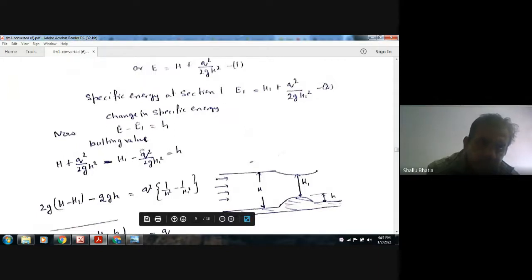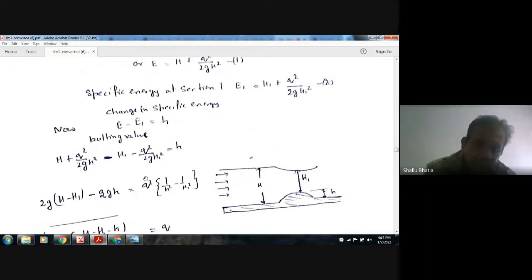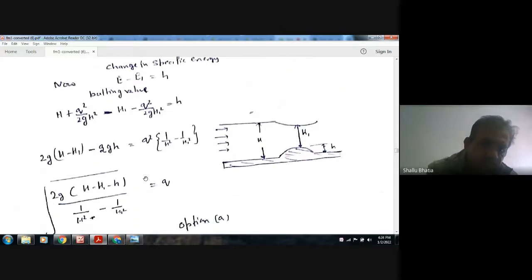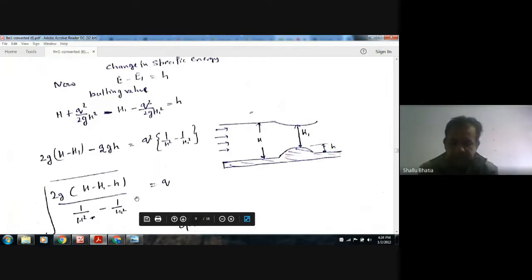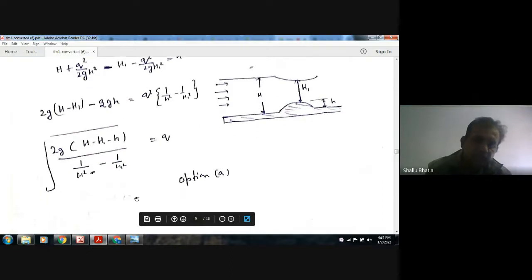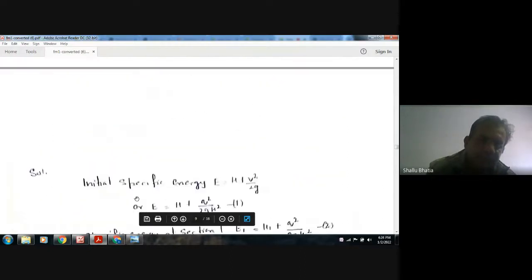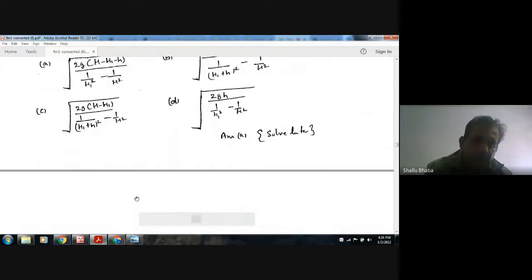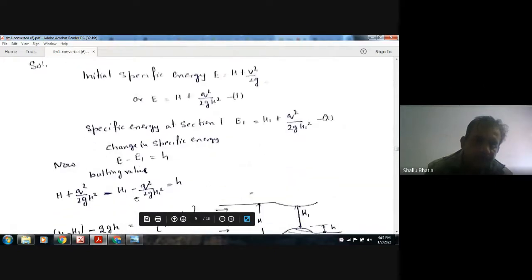So putting values, E is h plus q square divided by 2g h square and E1 is h1 plus q square divided by 2g h1 square. Okay. So putting the value, we can get q as root 2g (h minus h1) divided by (1 by h1 square minus 1 by h square). Okay. So the answer is option A.